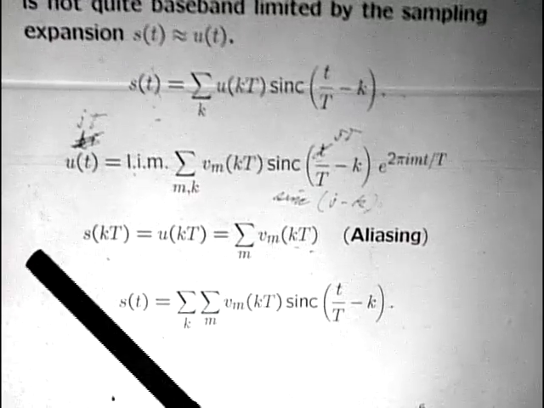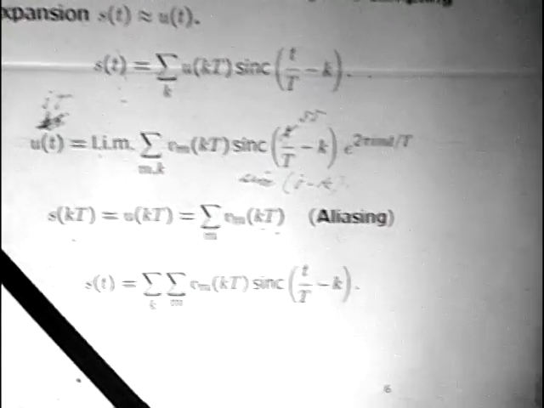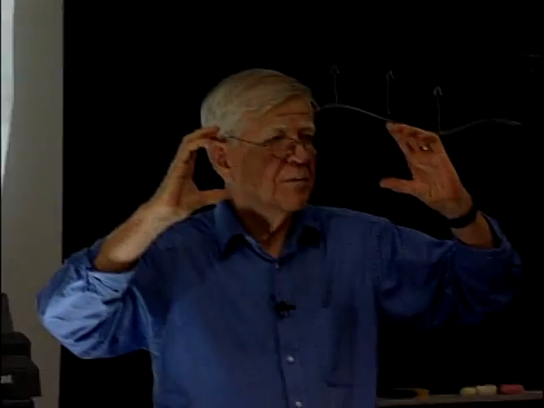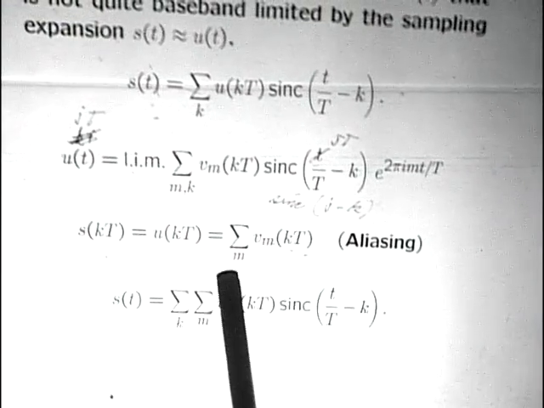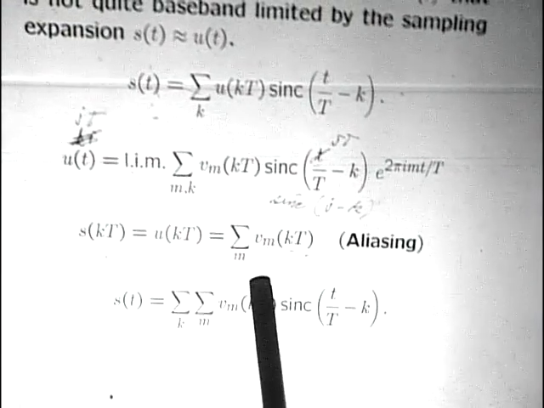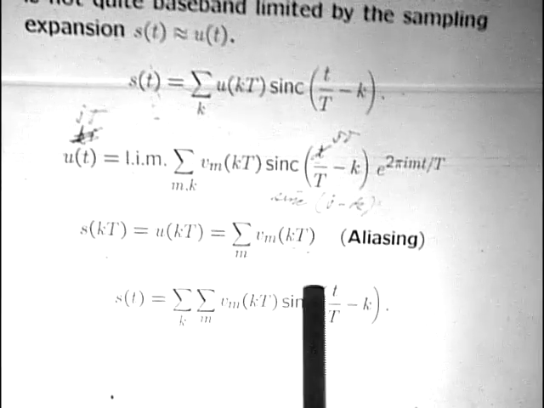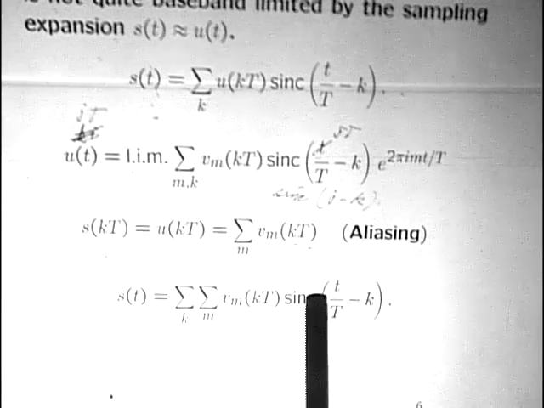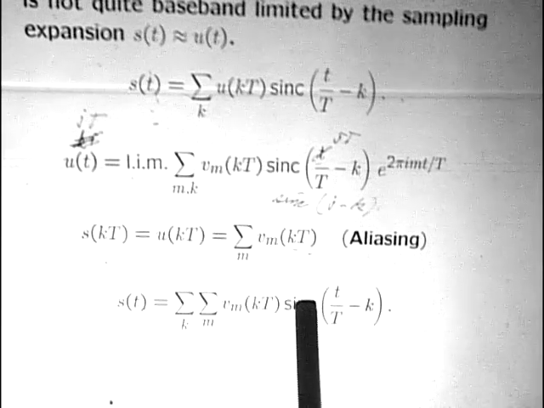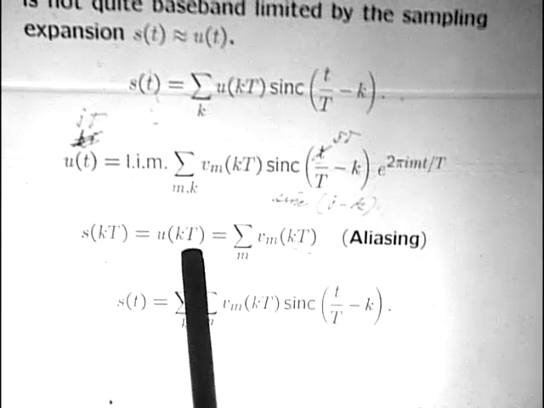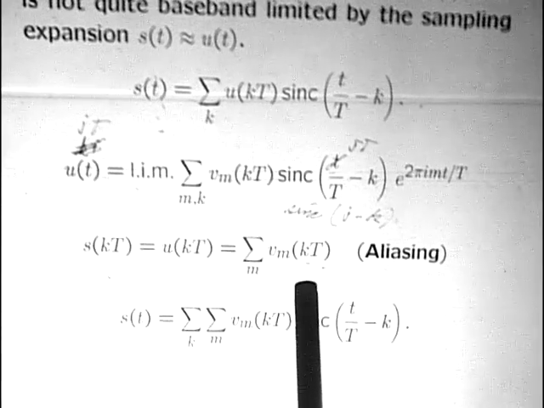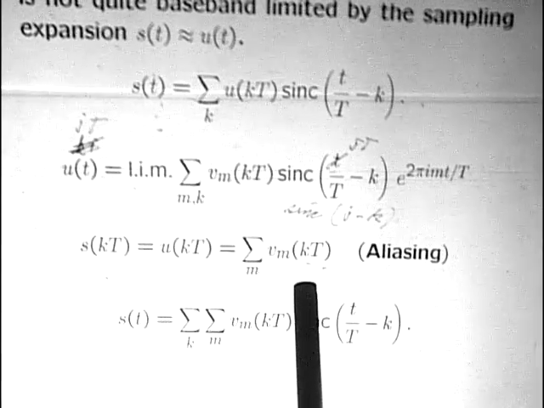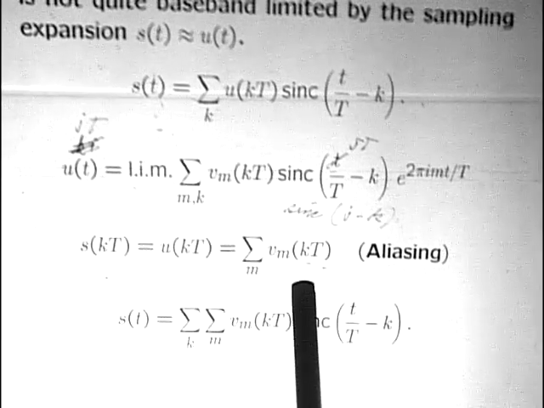So all of these different frequency bands all get aliased together. If I just look at u of kT, it is the sum over all these frequency bands of the samples of the individual frequency functions. So if you tell me what u of kT is, I can't tell you what these samples are. All I know is what the sum of them is.